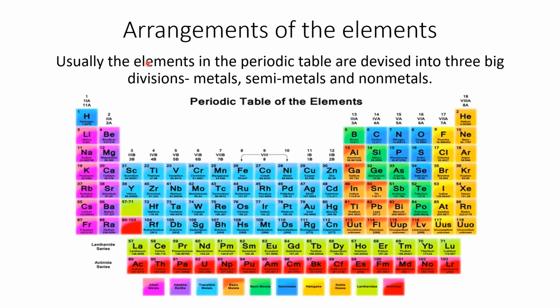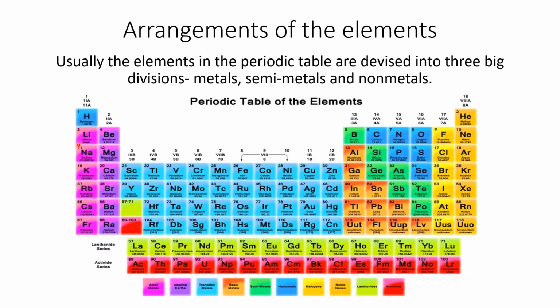Now, why are they divided like that? Not in metals and non-metals, but in groups and periods. Well, they are divided in periods because in each period the elements have the same number of energy levels which are being filled by electrons. So in the first period there's going to be only one energy level, and we have hydrogen and helium. They're only filled with one energy level, 1s, and that's it.